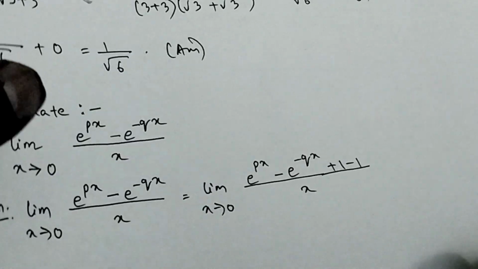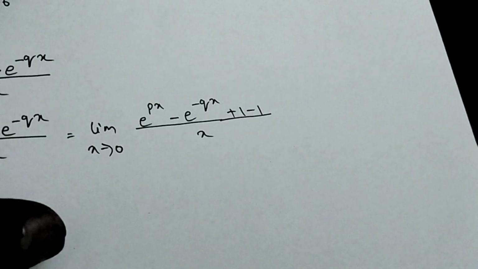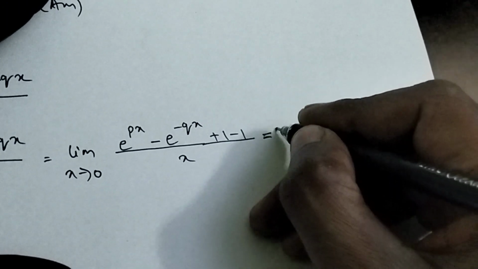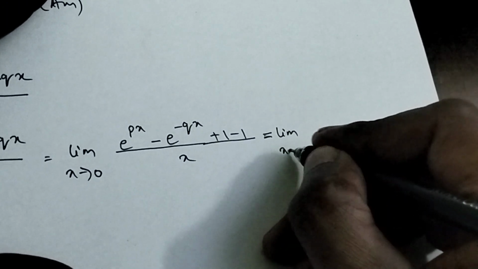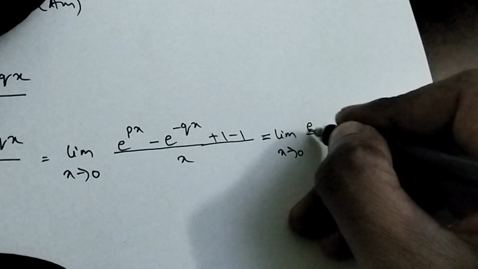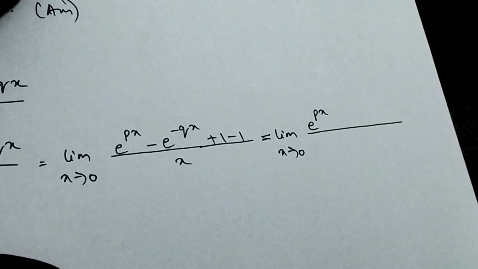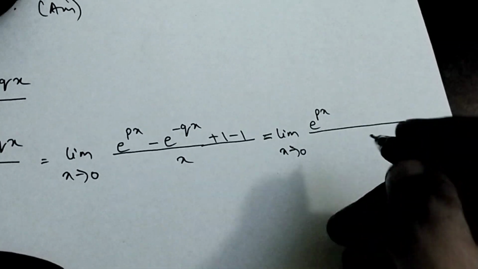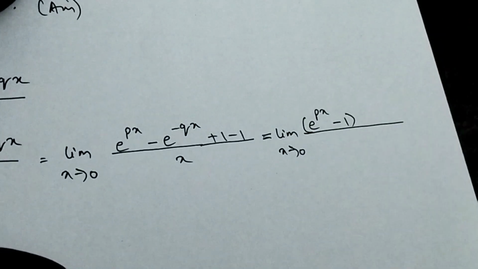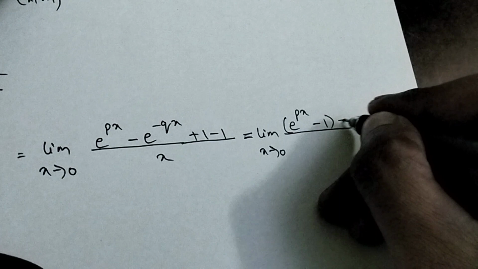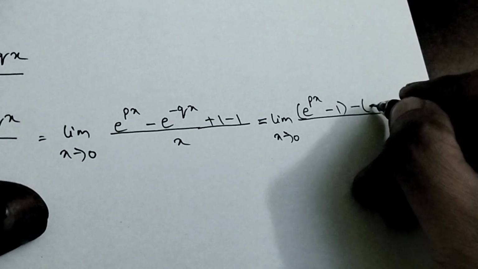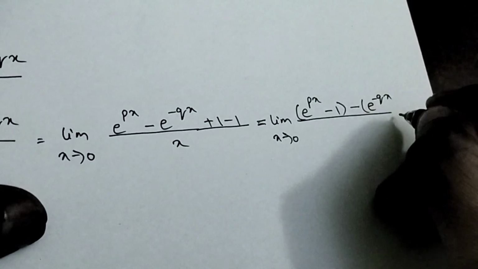Okay, so now this can be written as limit x tends to 0, e to the power px minus 1, minus e to the power minus qx.